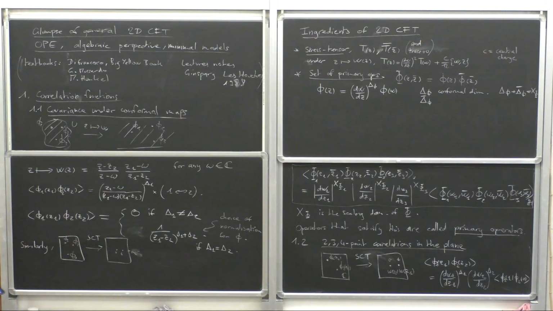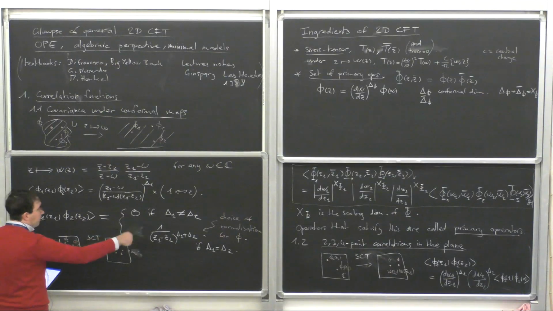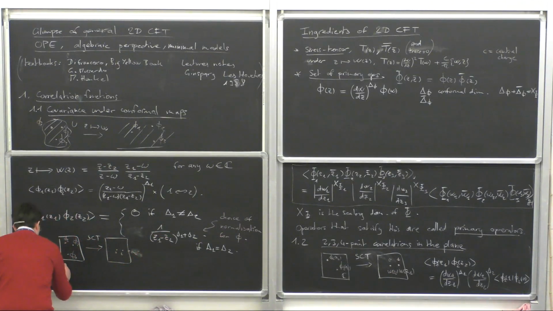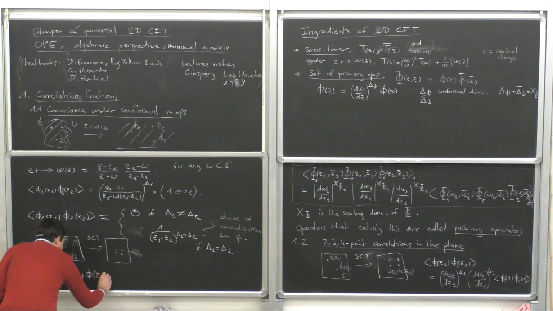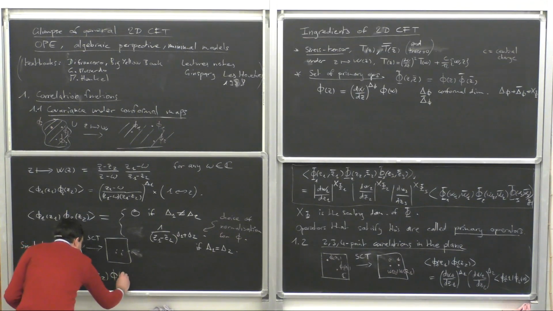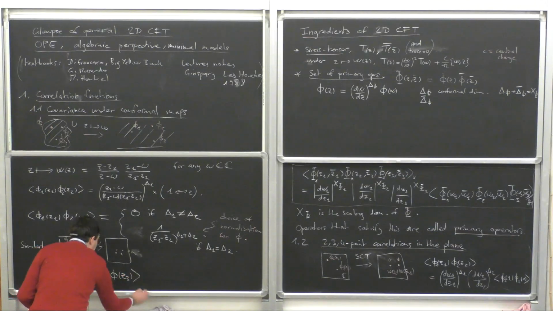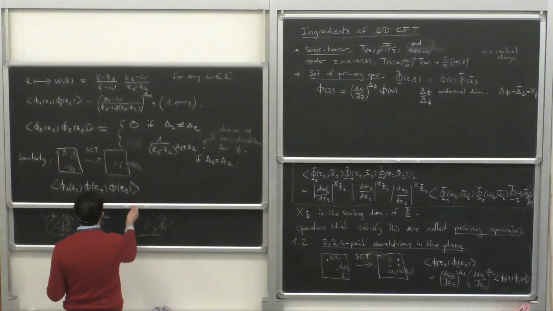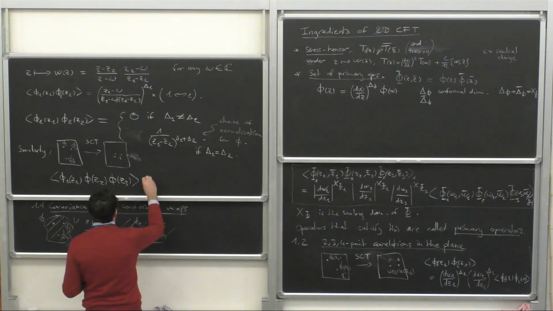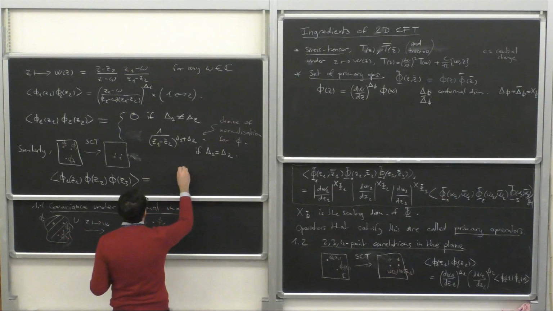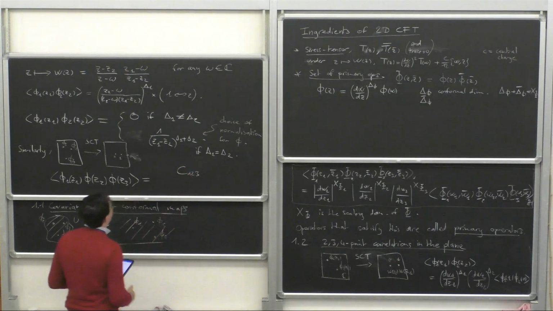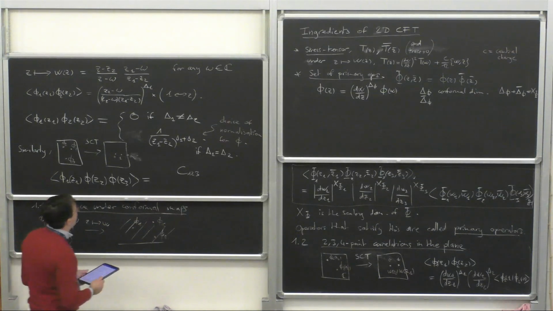So that completely fixes the transformation, and then again using the transformation law of these primary operators, we find that this takes the following form. Phi1, phi2, phi3 must be equal to some constant that this time we cannot fix any longer because we already fixed the normalization.